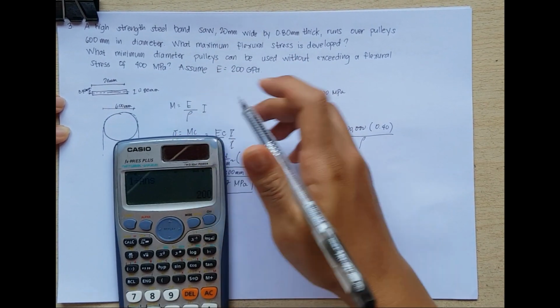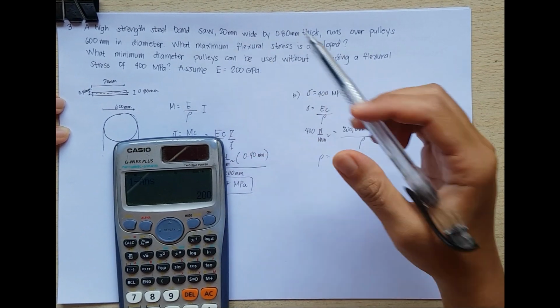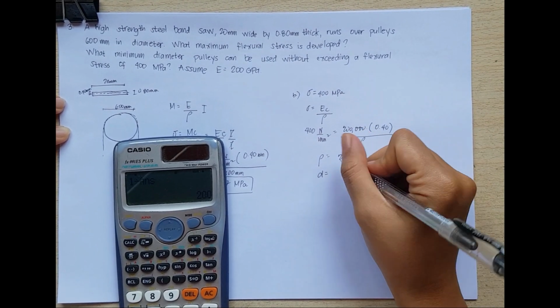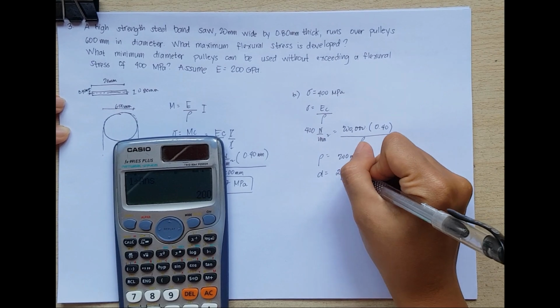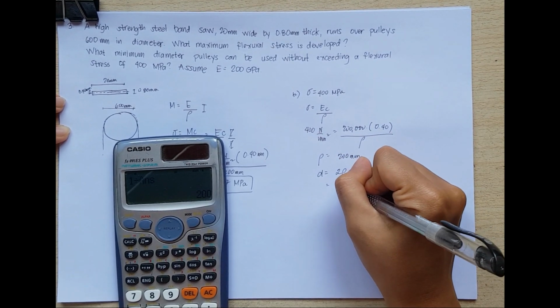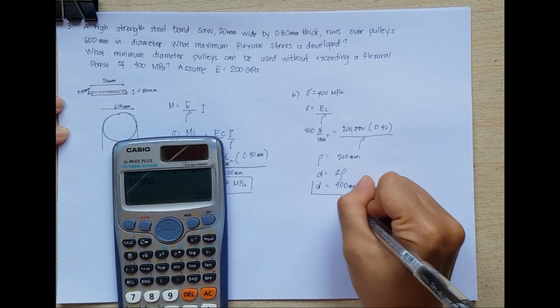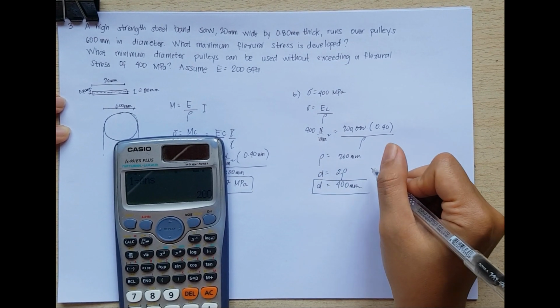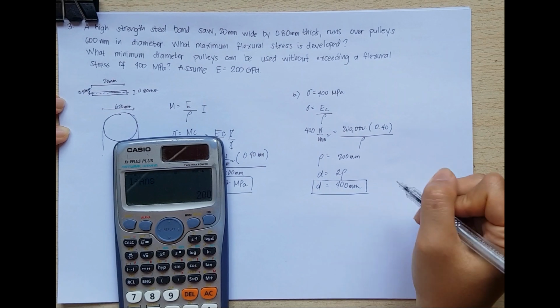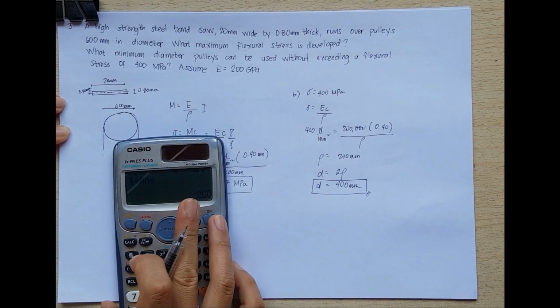But the question is asking for the diameter. Therefore, the diameter is equal to 2 multiplied by rho. So, it is equal to 400 millimeter. So, this is the minimum diameter that will not exceed a flexural stress of 400 megapascal.